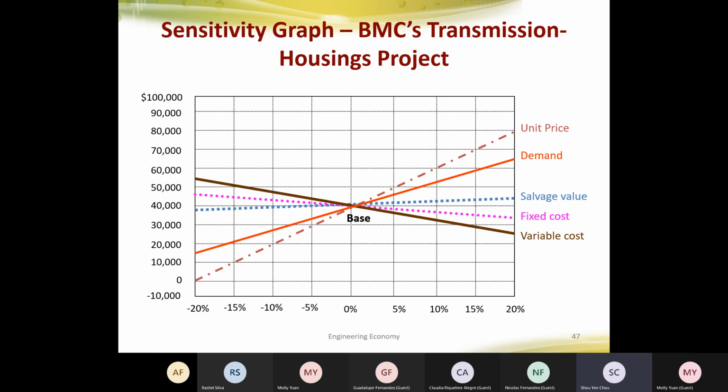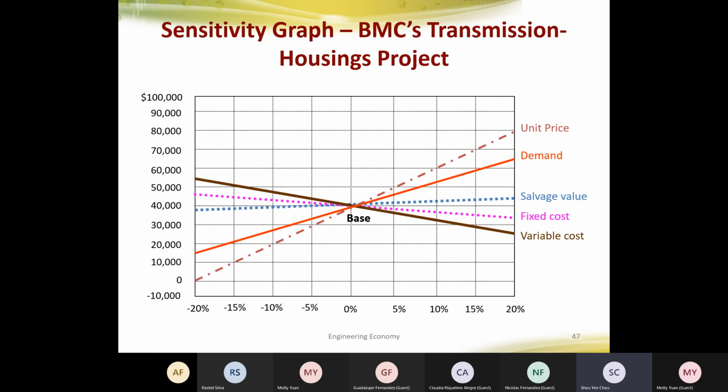And you can just look at these sensitivities, and for sure, as I said, fixed cost and salvage value are probably not much. So if you want to do the estimation, and you want to make sure that it won't create a lot of impact, or the impact is bearable, then you want to estimate the value very accurately.